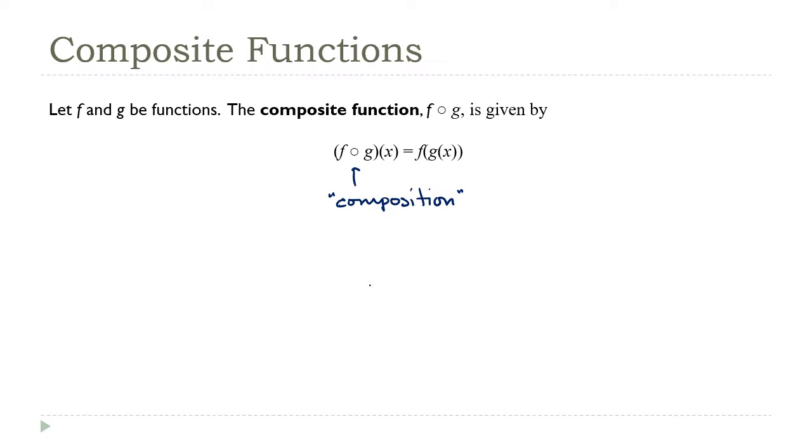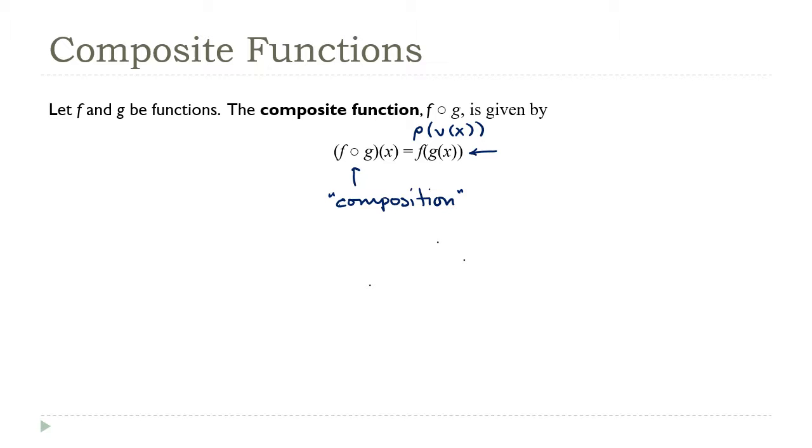So this is the composition of F with G of x, and this is equal to this expression here. You notice this is exactly what we did on the previous slide. F was that rho. I didn't mention that, that's the Greek letter rho. It kind of looks like a P. It's the symbol the physics people use for momentum. And my G function was the function for the velocity.